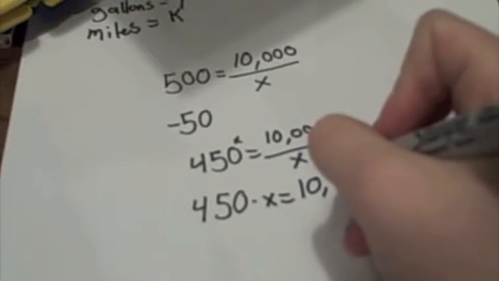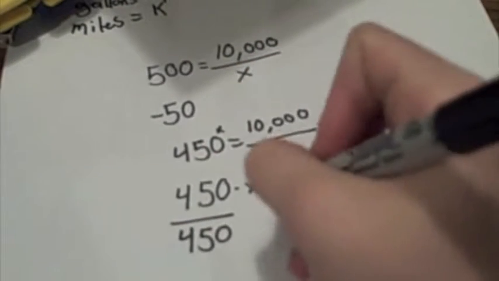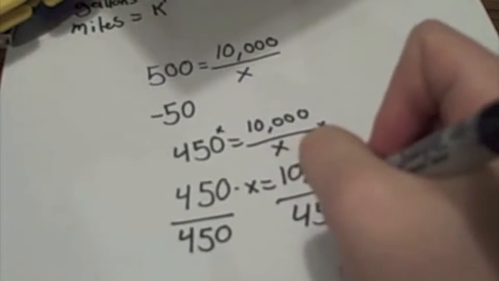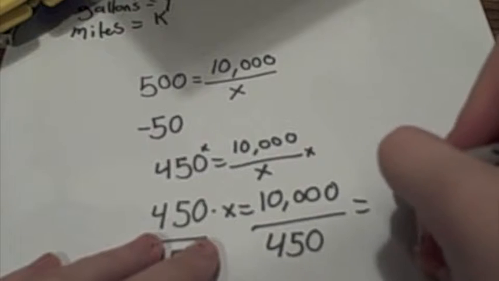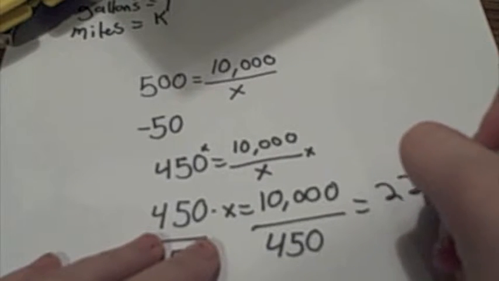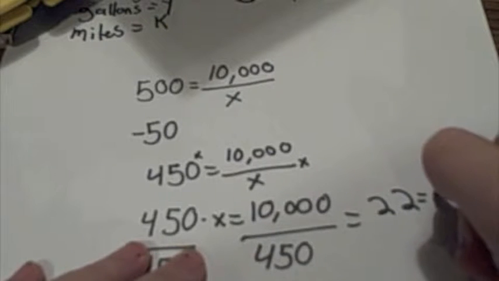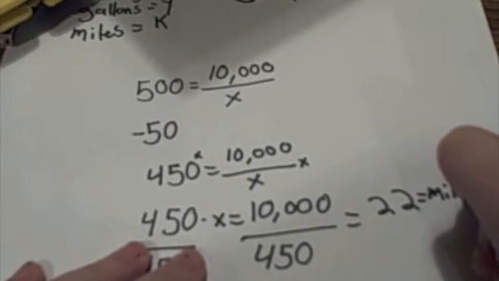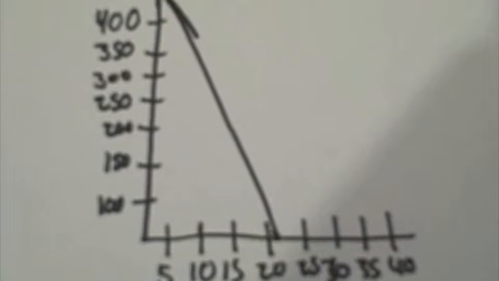So x would equal 22 as the mileage. Here's what that graph would look like.